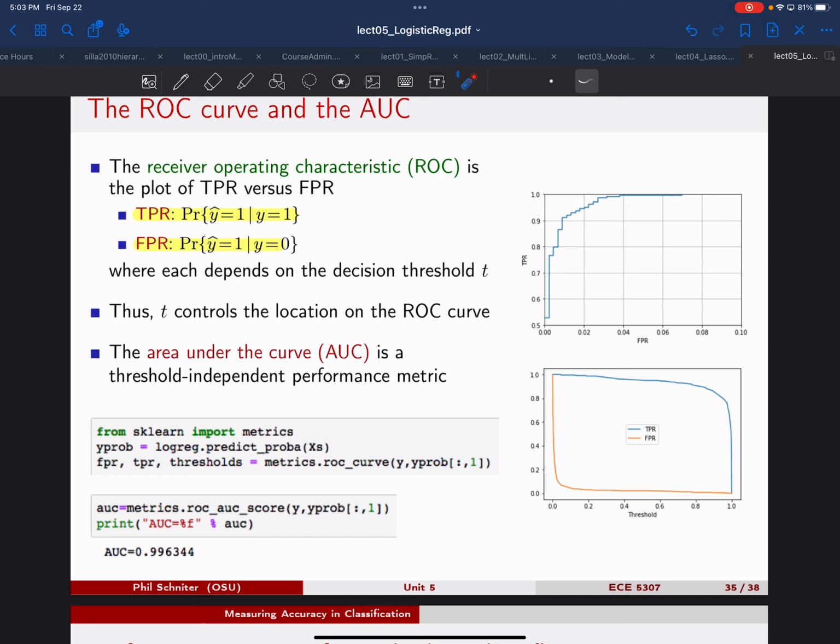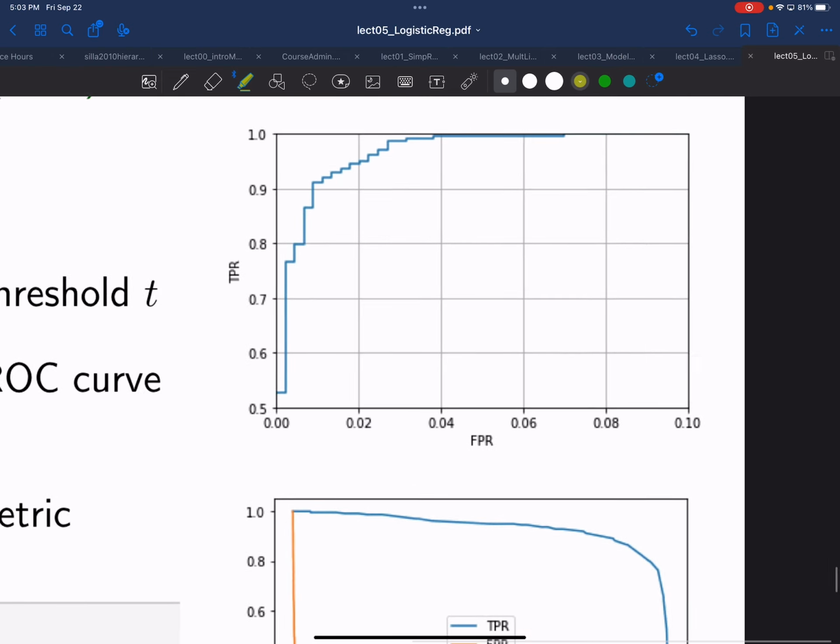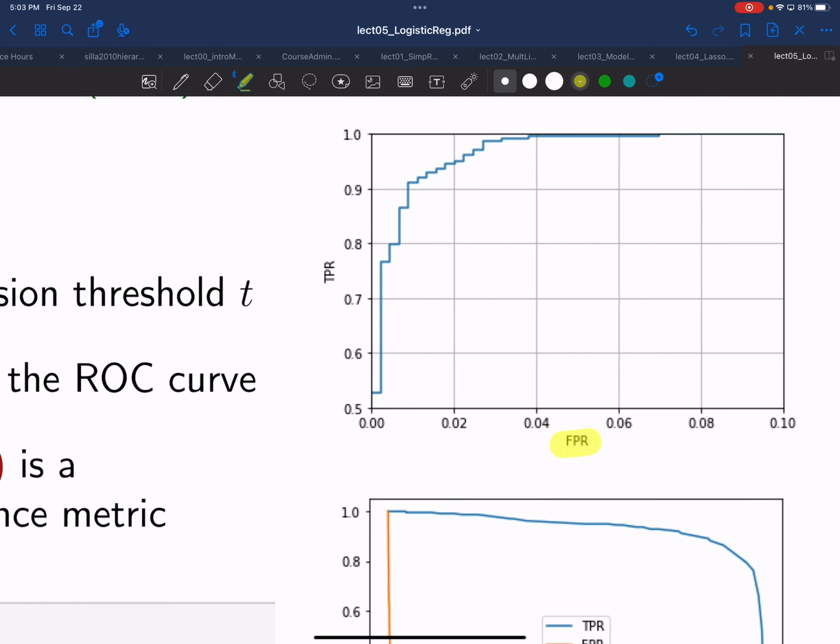And so the way that this is most commonly plotted is you plot what's called the receiver operating characteristic, which is a plot of the false positive rate on the horizontal and the true positive rate on the vertical. Where you want to be is in the top left corner, where both of those quantities are large.